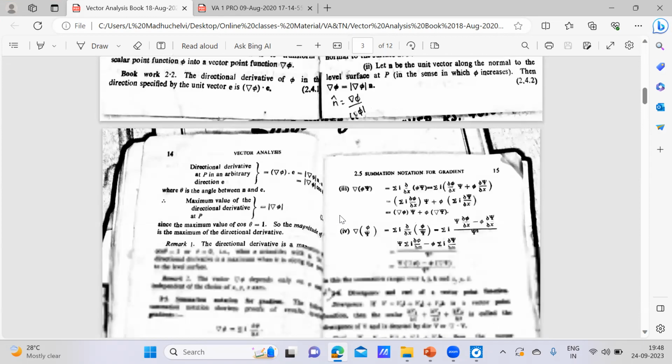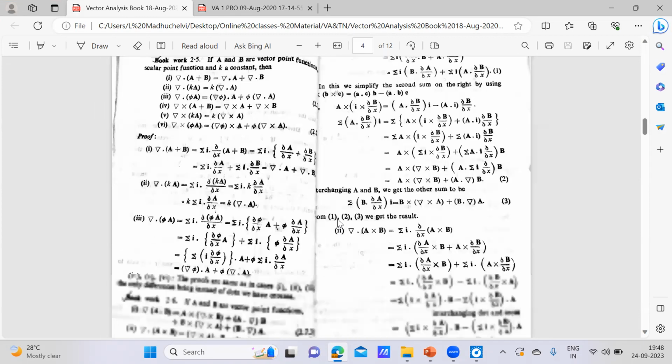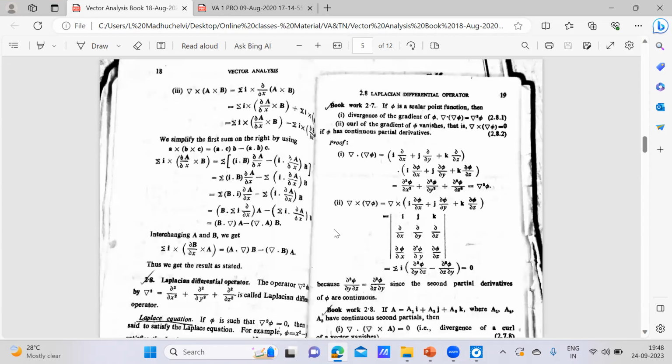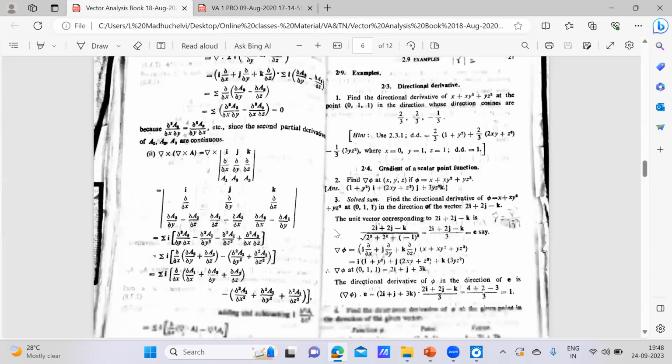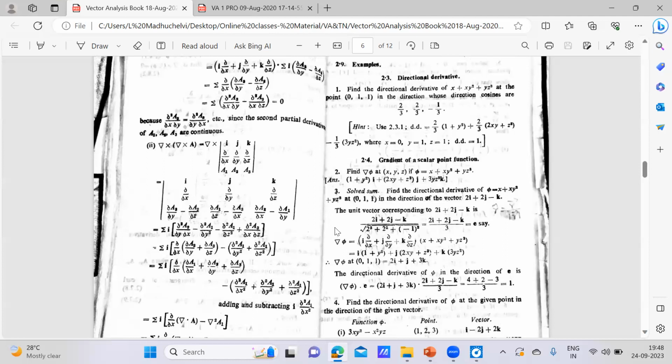Let us go to the problems now. The problem on directional derivative. Find the directional derivative of x plus xy squared plus yz cubed at the point (0, 1, 1) in the direction whose direction cosines are 2 by 3, 2 by 3, minus 1 by 3.